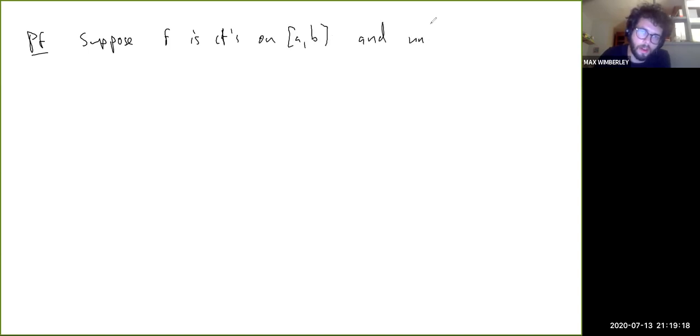So here's the actual proof. Suppose f is continuous on AB and unbounded.